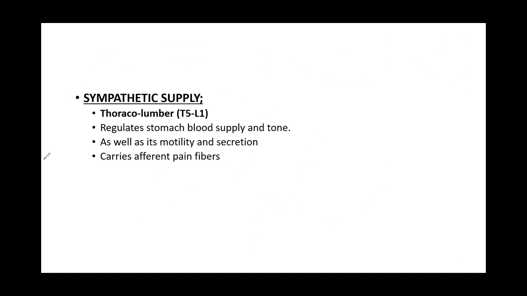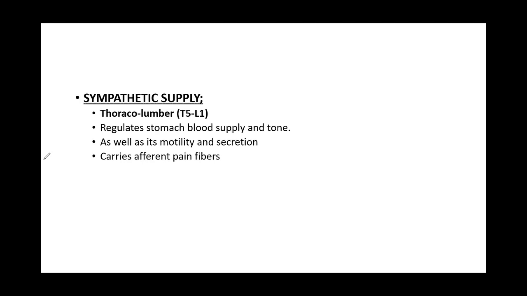Now, the sympathetic supply to the stomach. The sympathetic is thoracolumbar, from T5 to T9, then L1. What is the role of the sympathetic supply to the stomach? They regulate the stomach blood supply and the muscular tone of the stomach, okay? You know sympathetic flow regulates vasoconstriction.